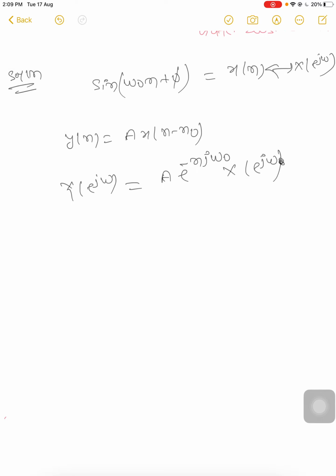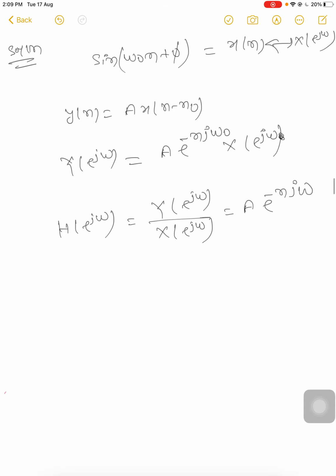Then H(e^jω) is equal to Y(e^jω) upon X(e^jω), which is A e^(−jωn0).